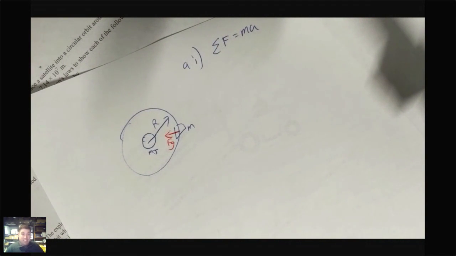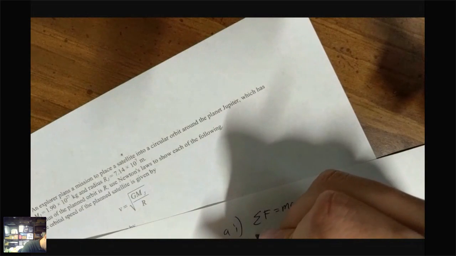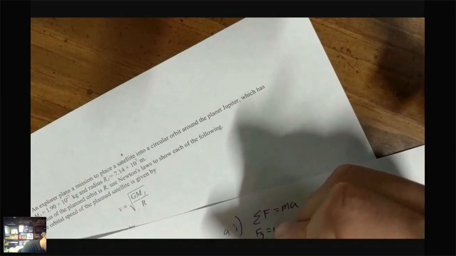And frankly, that's it. There is no friction in space. There's no normal force. We're not sitting on a surface. There's no giant cable pulling us around. The question doesn't mention us firing rockets on our satellite, so we don't have a rocket force pushing us anywhere. That's it.